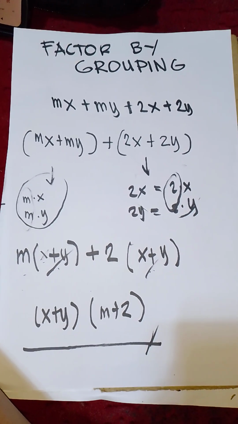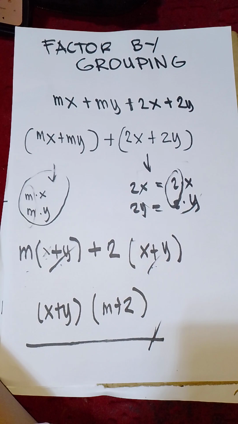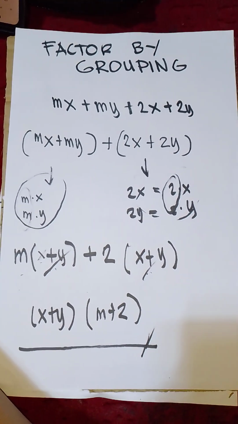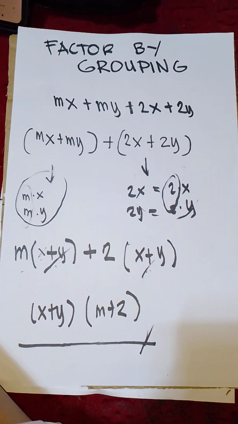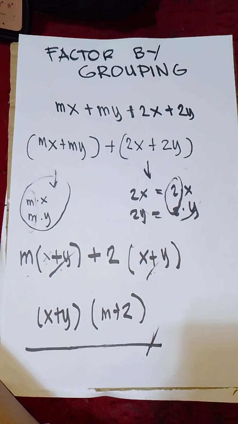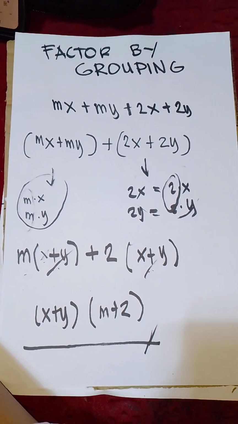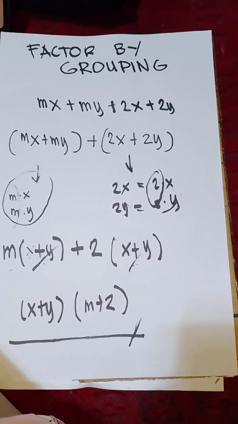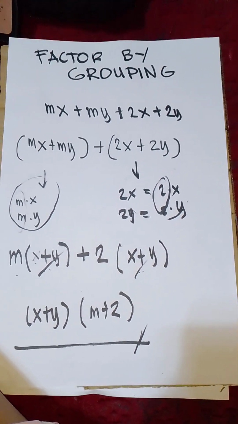By grouping, it is easy if you really understand the binomial common factor and the monomial common factor. Because for me, factoring by grouping is just the combination of those two common factors.